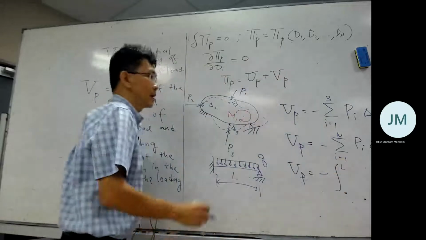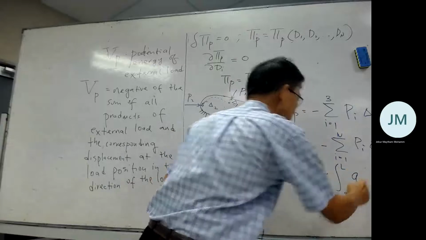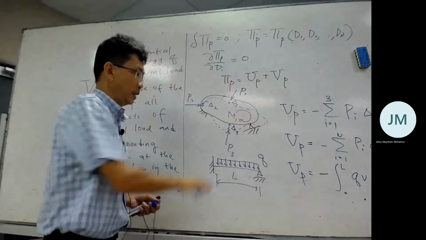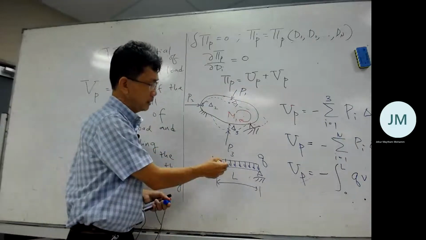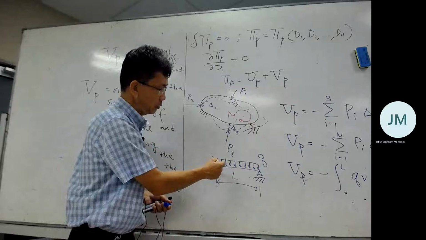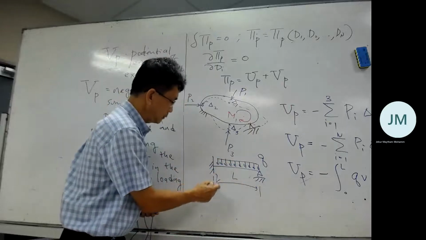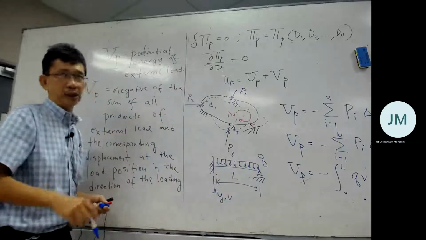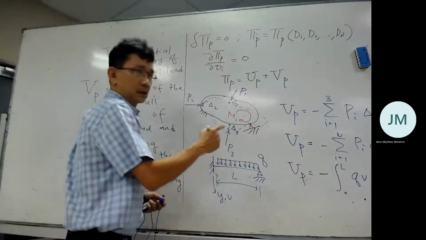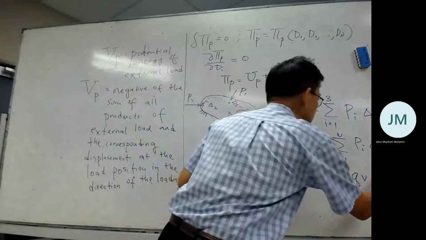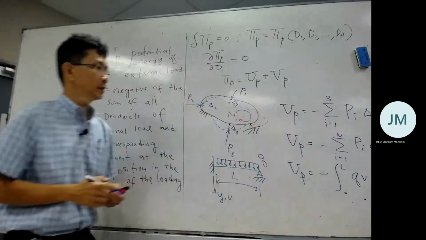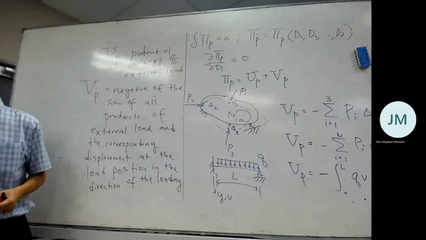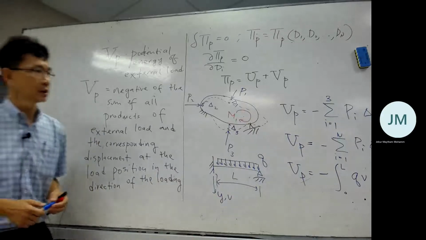The intensity q is multiplied with the corresponding displacement of the problem, which is v, the displacement in the y direction. Then integrate. This is for distributed load.